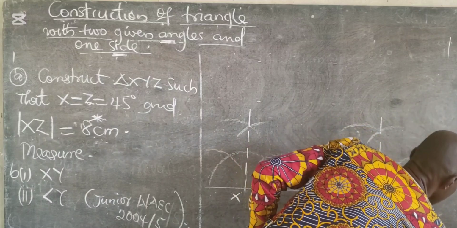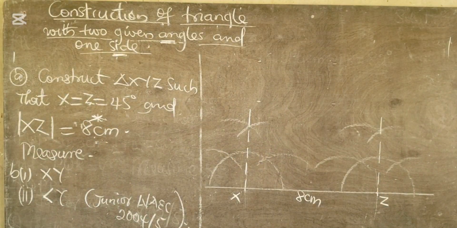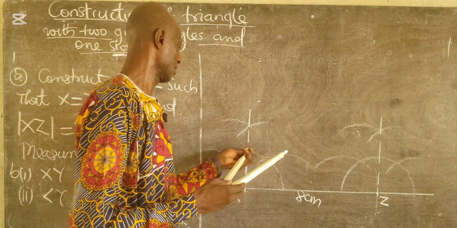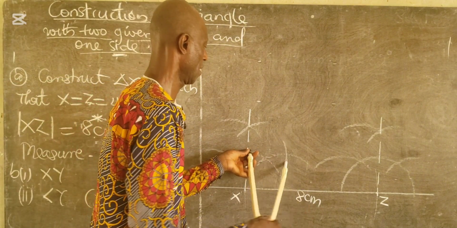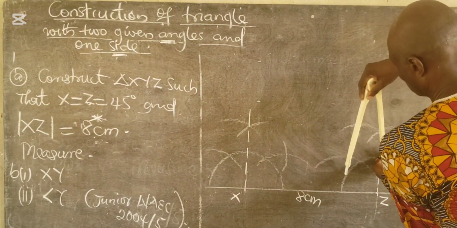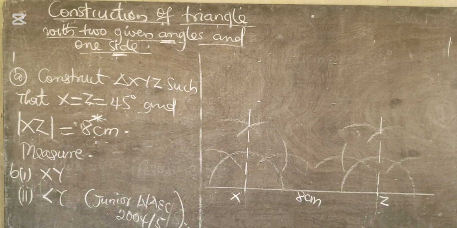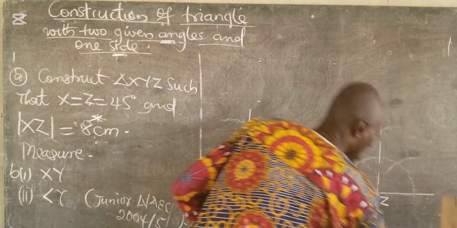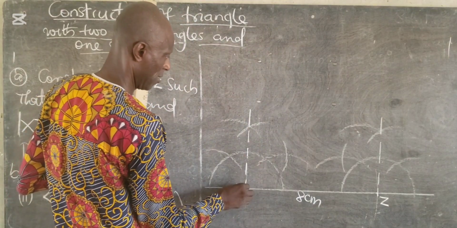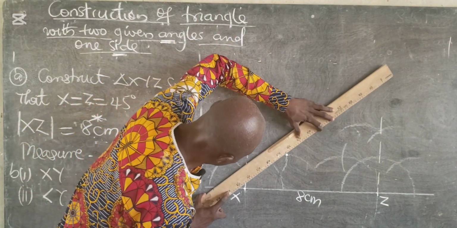Now, the question demands 45, not 90. So I'll put it at 90 and cut it. I will put it at 90 and cut it. So that angle is 45 degrees. I will draw from here, that will pass through here with a straight line.